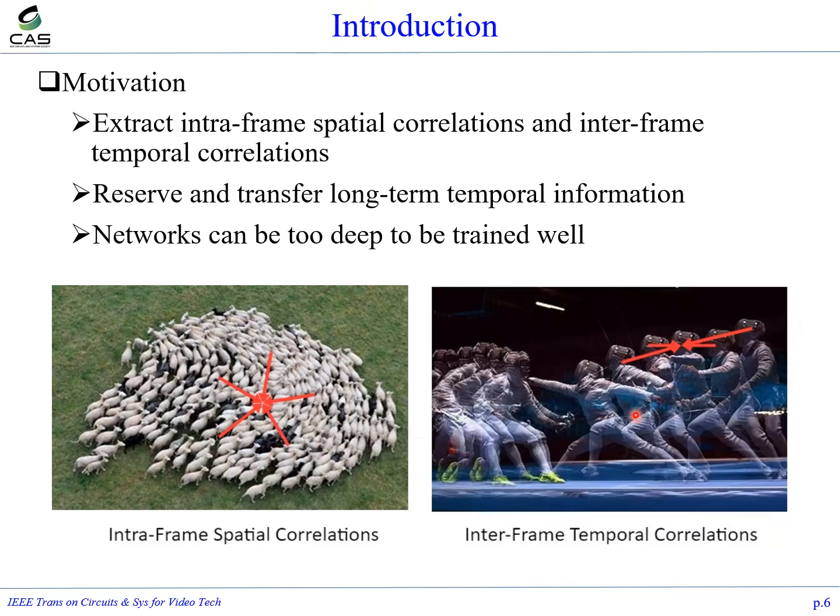The right image shows a person's trajectory, which should be seen as motions among consecutive frames, and correspondingly there exists a kind of temporally related supplementary information among video frames. How to reserve and transfer long-term temporal information is also important. Normally, to better capture the above information, we should build a deep network. However, we have found that a network can be too deep to be trained well.